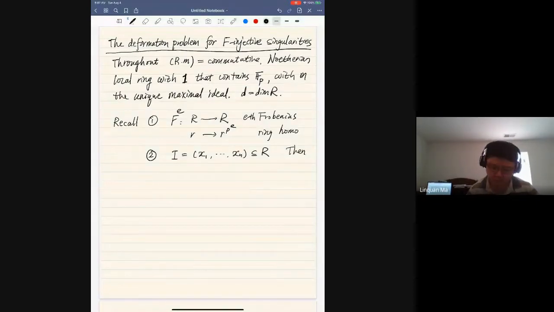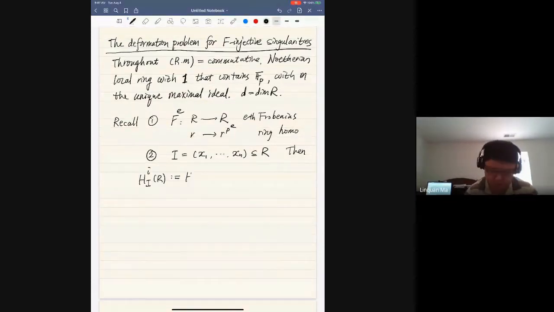Then I can look at the local cohomology module supported at I, H^i_I(R). There are many ways to define local cohomology, but for this talk one very convenient way is to use the Čech complex.